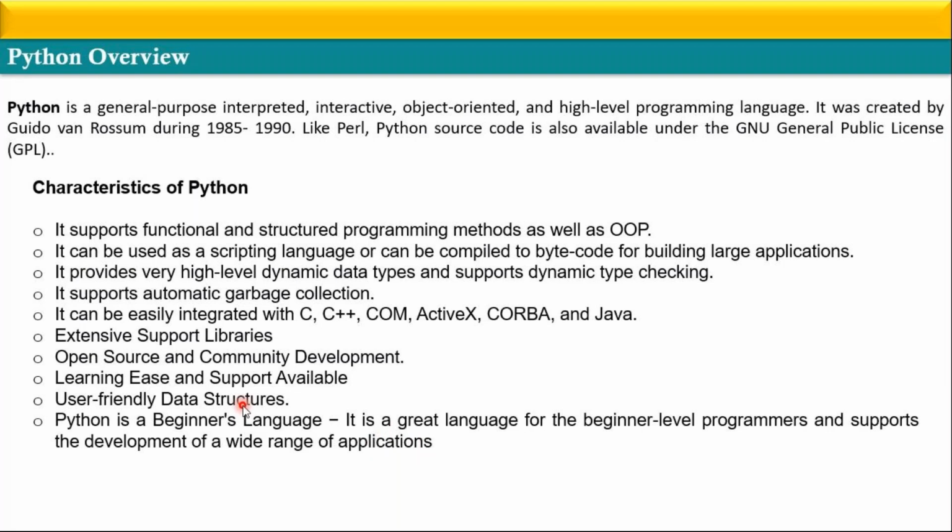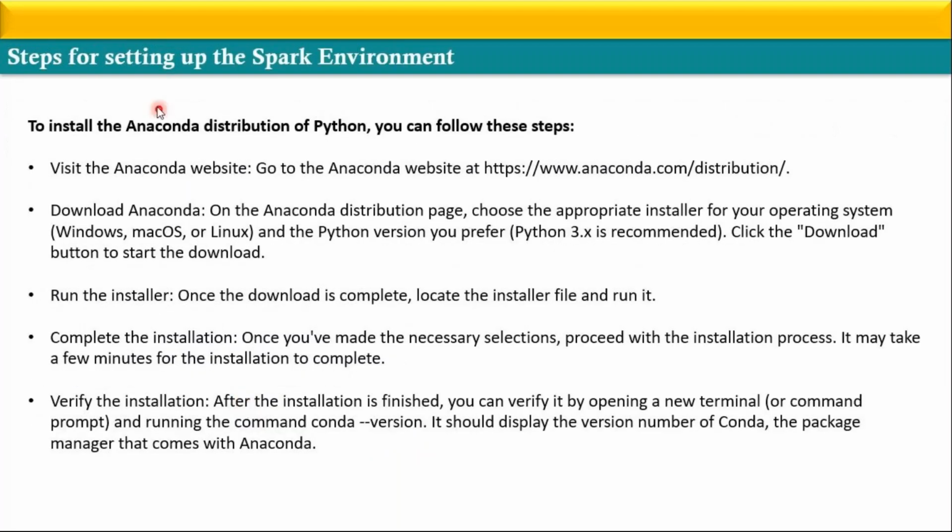Then environment setup. If you want to go with PyCharm, that is fine. I prefer PyCharm, but if you want to go with Anaconda, you can refer to these steps. You need to go to Anaconda, download it, and then run the installer. You will get certain instructions, proceed with them, and then verify the installation.